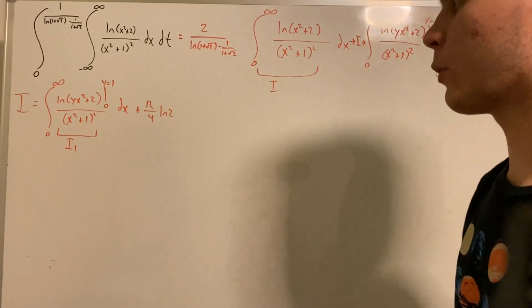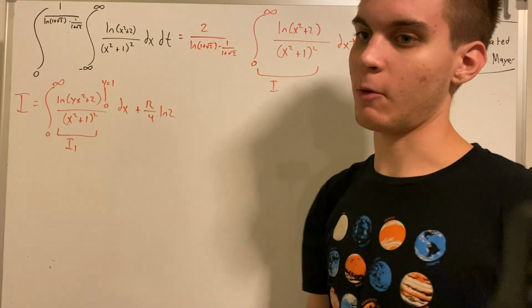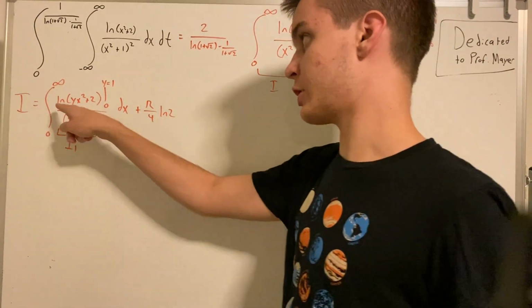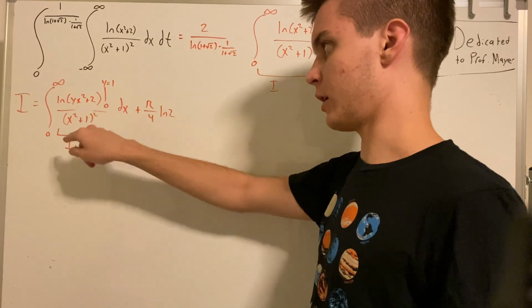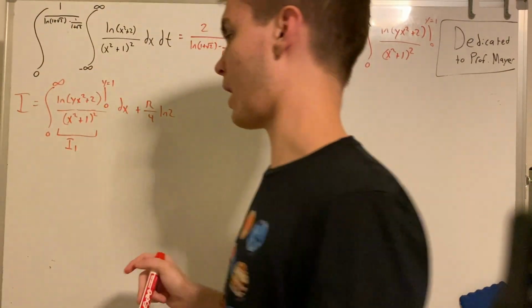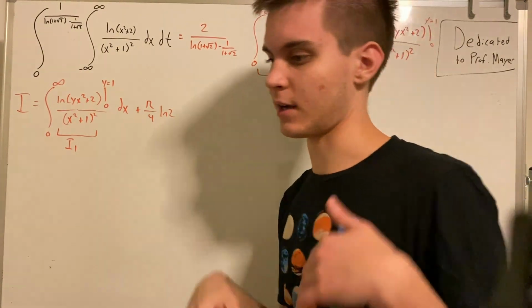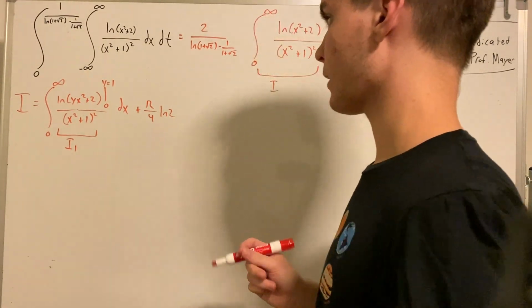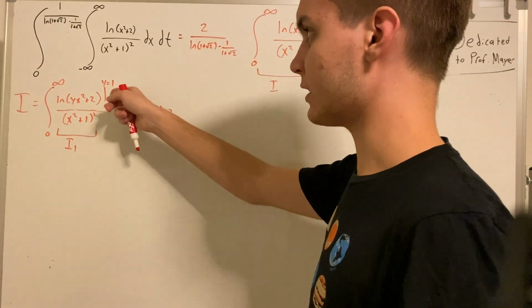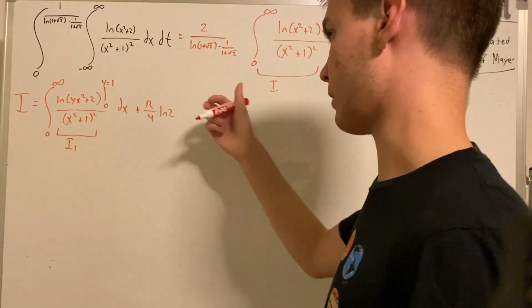Anyway, so now what I'm going to do is instead of just evaluating this at y equals 1 and y equals 0, I'm going to differentiate this term. Specifically, I'm differentiating the whole term with respect to y, but x squared plus 1 squared is just a constant in the y world. But what that's going to be able to do is after I differentiate it, I can make it an integral with respect to y and make this our bounds.